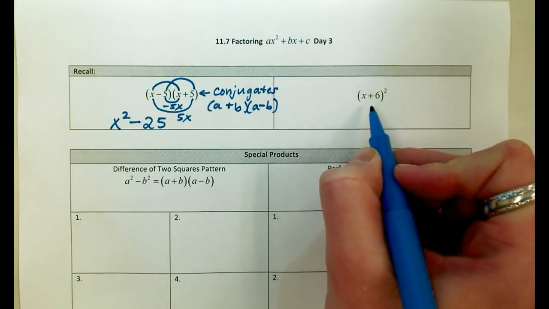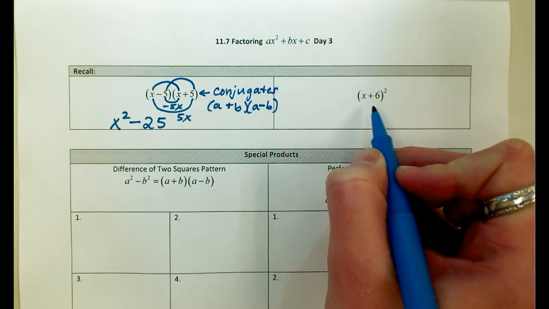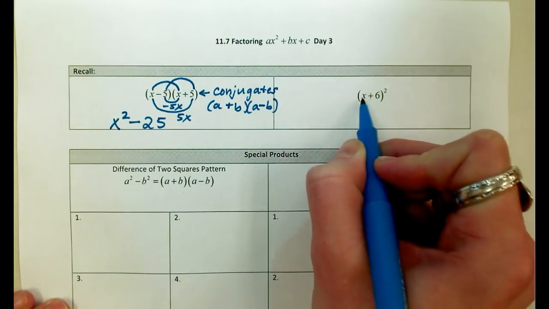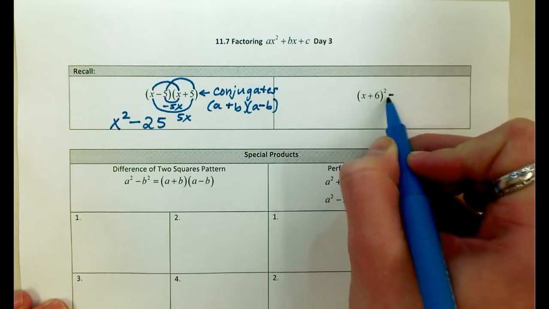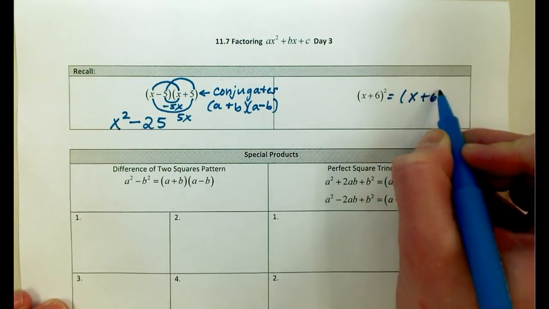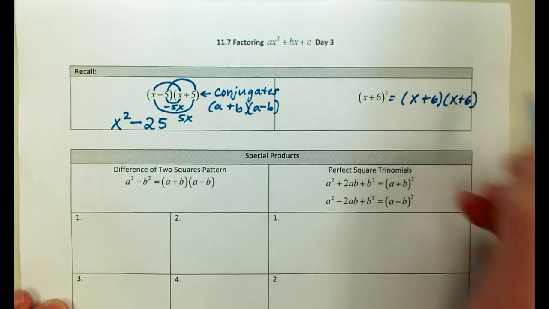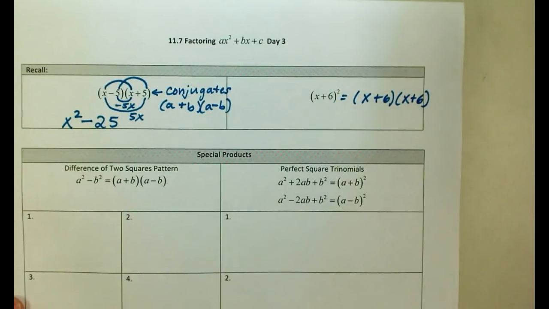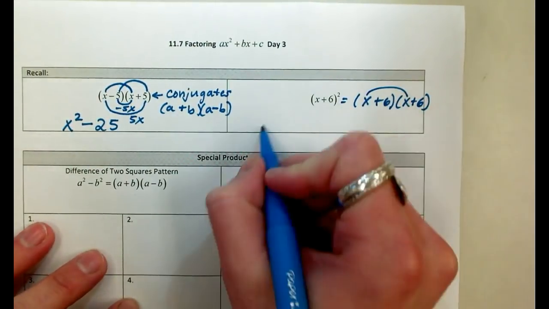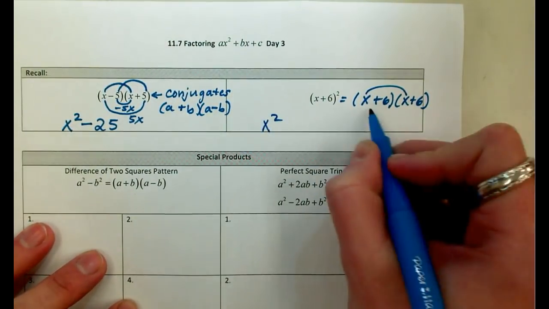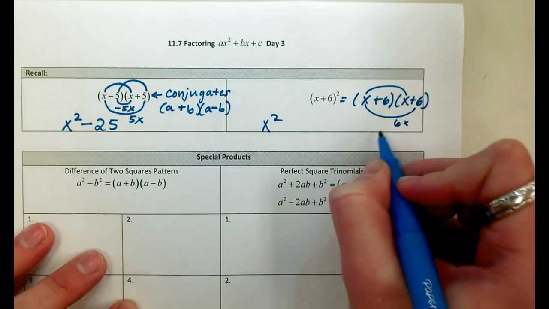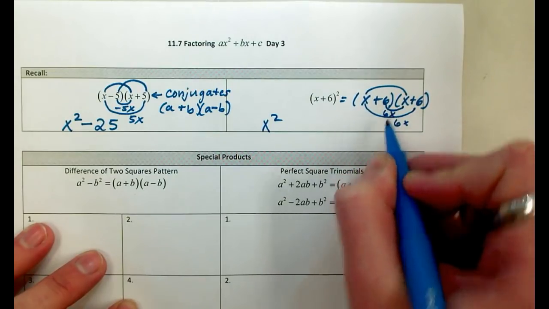Alright, for our second one, we can remember the pattern that we had done for this one, the x plus 6 squared means x plus 6 times x plus 6, and we multiplied that out. So x times x is x squared, x times 6 is 6x, 6 times x is 6x.